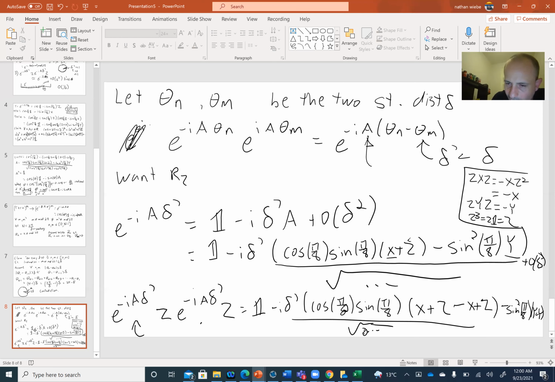We can see now that the second order, the x's cancel out, leaving only the z terms. And this ends up leading to a rotation that has an angle.